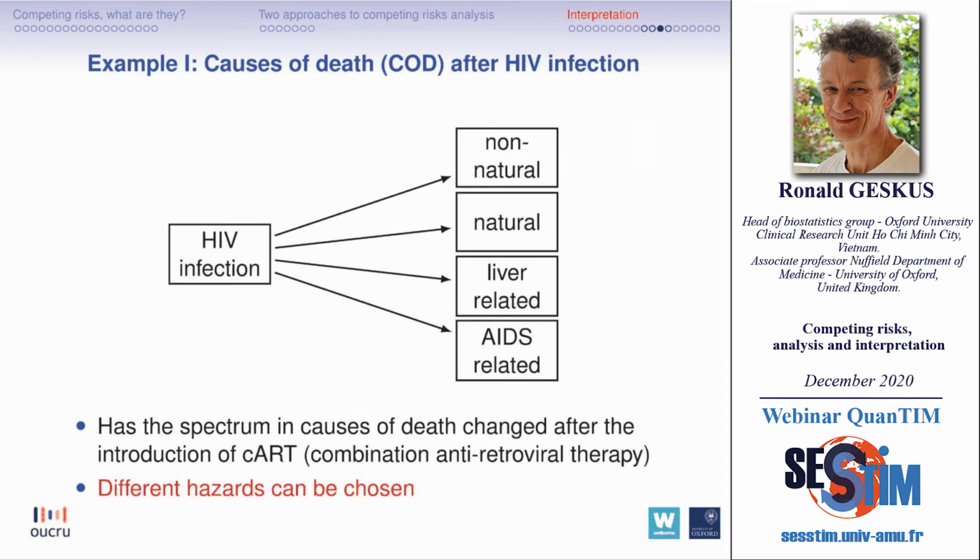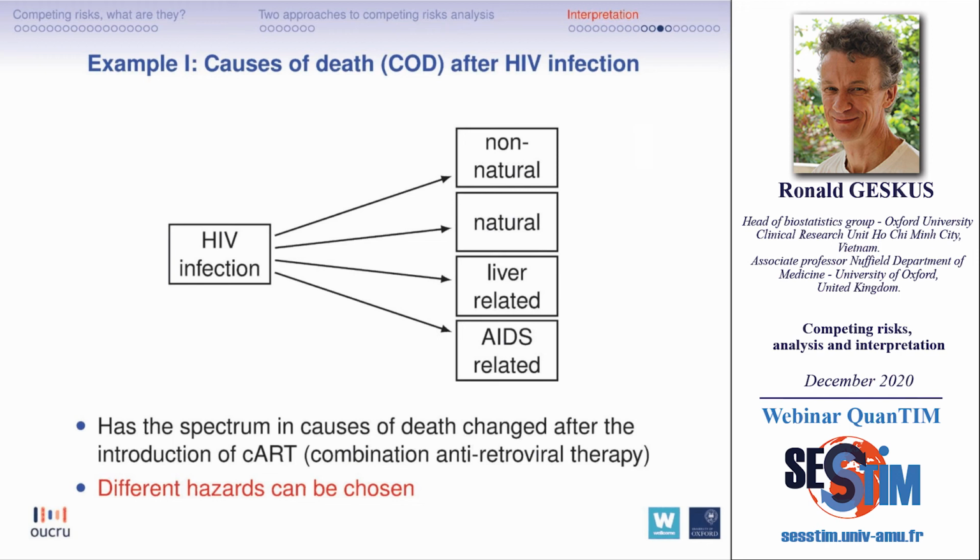Suppose, I mean, this is not completely true, but suppose there was a change in the mortality after 96 because of the introduction of CART. Suppose that the therapy only reduces the AIDS-related mortality. It has no causal impact on the other causes of death. So that means that there are no side effects either.